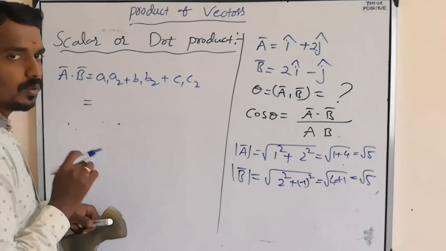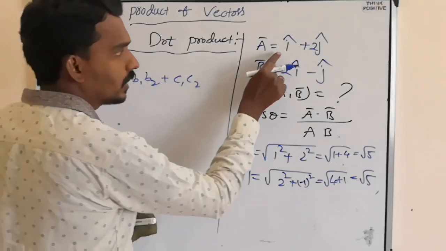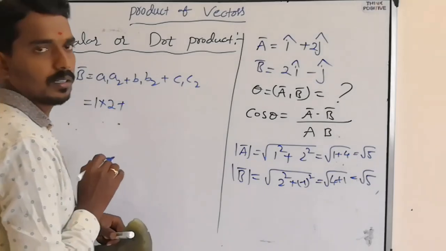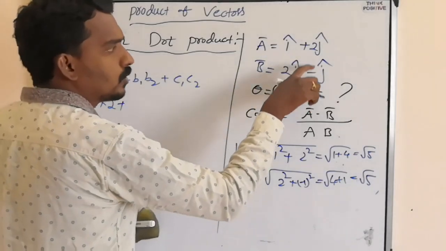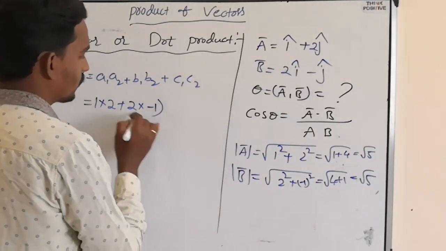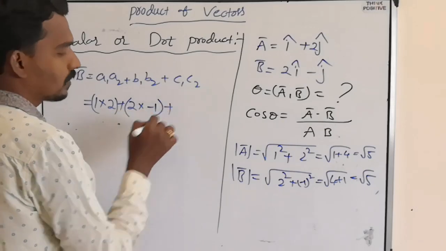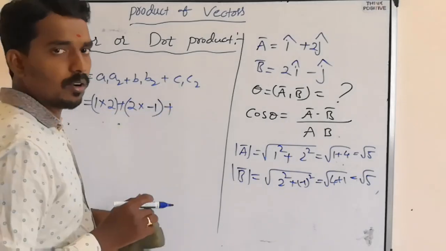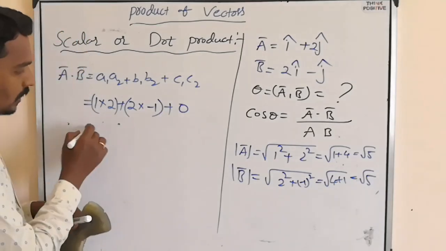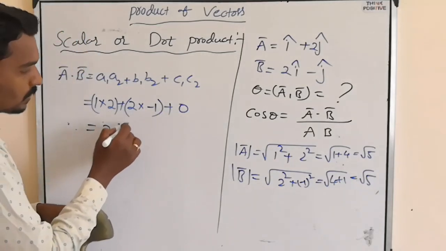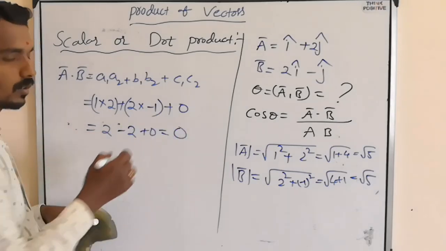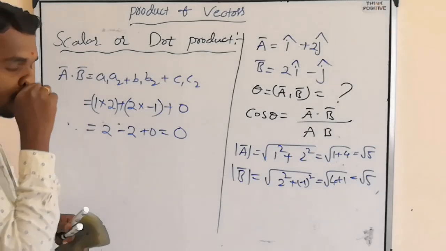What is a1 a2? i coefficients, here 1, here 2, so 1 into 2, plus b1 b2, j coefficients, 2 into minus 1, plus c1 c2, k coefficients. There is no k term, so 0. So 1 into 2 is 2, plus 2 into minus 1 is minus 2, plus 0. 2 minus 2 is 0. So a bar dot b bar is how much?